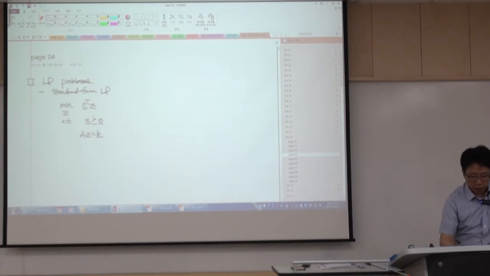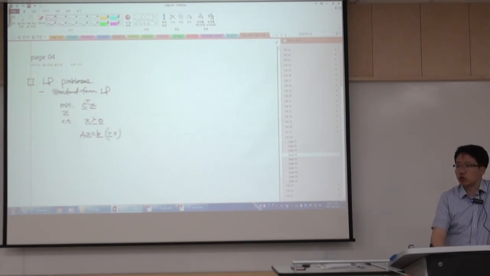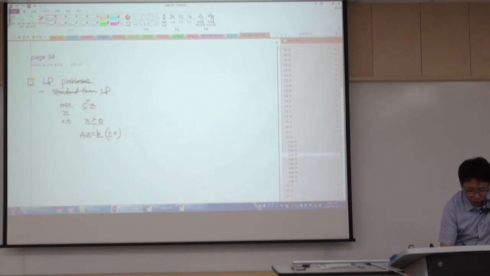But here we need something more. First, b must be chosen as a non-negative vector, and we also assume that b is in the column space of A. Otherwise, we have an empty constraint set.